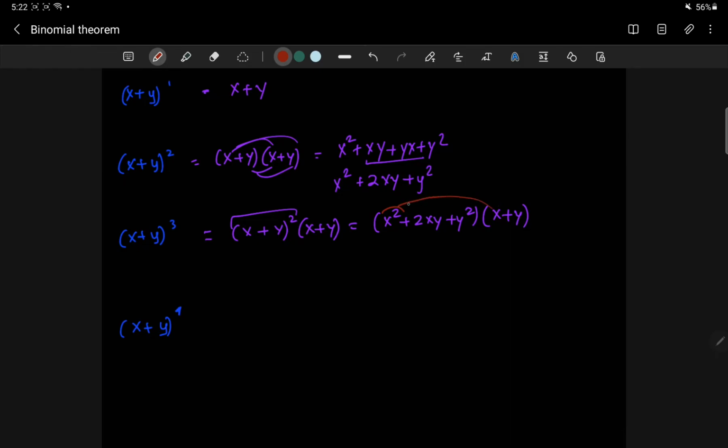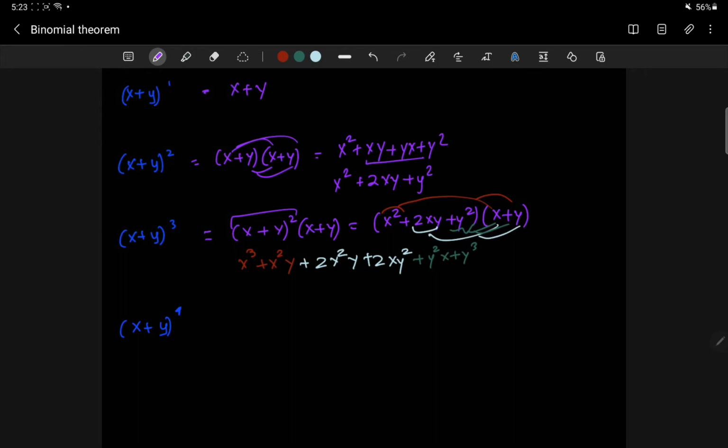For x squared, there are 2 of these: x squared times x is x cubed, and then an x squared y. Then you have 2xy times x and y, so 2x squared y and 2xy squared. And then lastly, you have y squared with both of these: y squared x and y cubed.